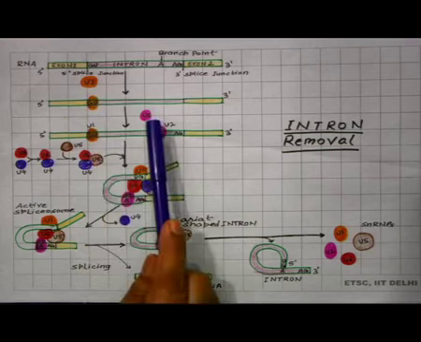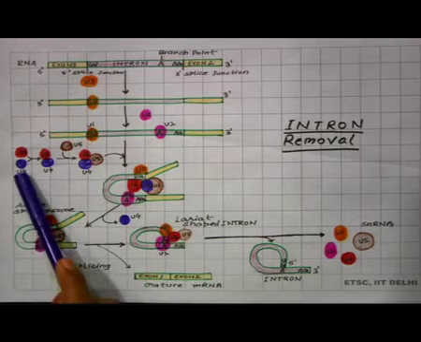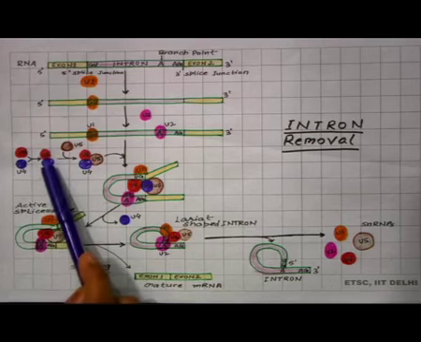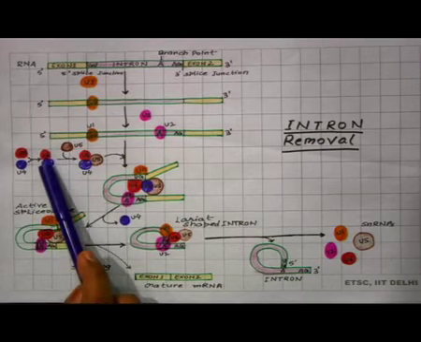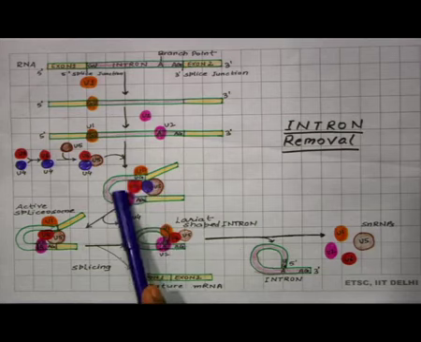Now, after the binding of U1 and U2, the U4 and U6 will combine together, and this complex will again interact with U5 small nuclear RNP, and all these 3 will bind over the intron and form a loop of the intron. You can see the loop.